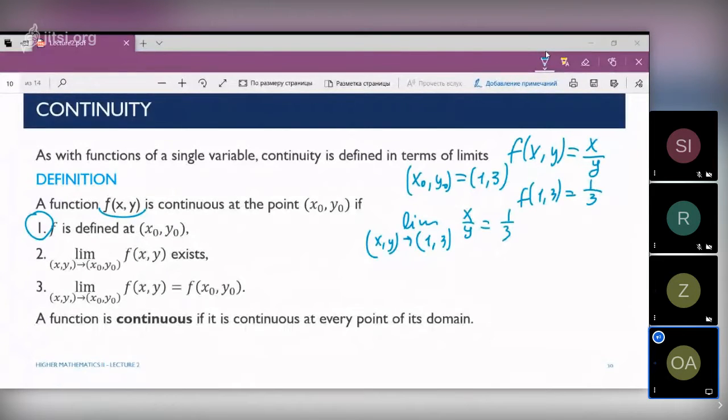There it's also calculable. The third rule says the value of the function and the value of the limit should be equal to each other. Are they equal? Yes, 1 over 3 equals 1 over 3.